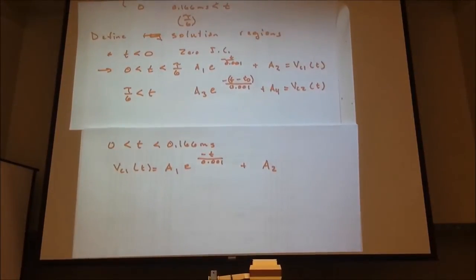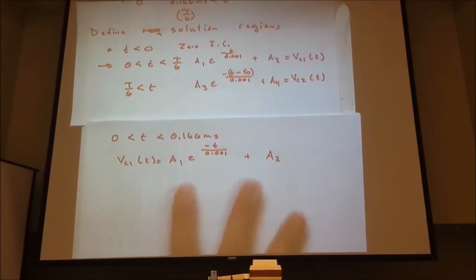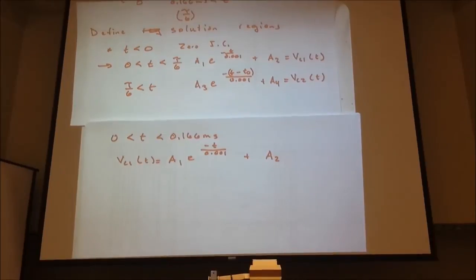And we do the same tools. And there's something we really want to be careful of here, which I've seen a number of students mess up. We do everything the same. When we solve for these coefficients, we treat this as if this was the circuit for all time.